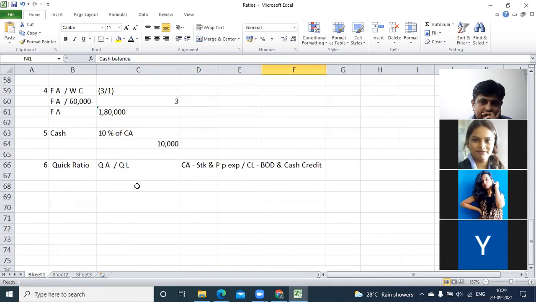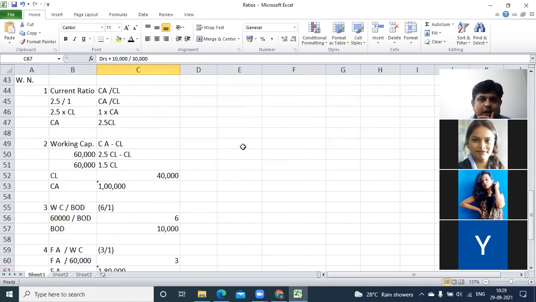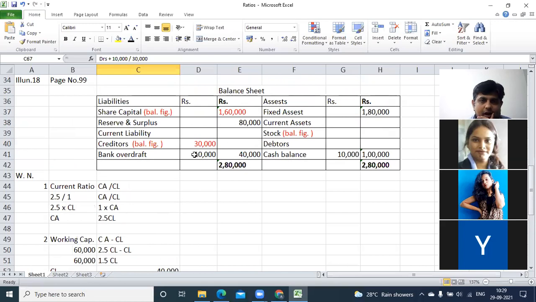Only this much is there with us. And what is current liability? 40. If you will deduct the bank overdraft, what is the quick asset? 30,000.